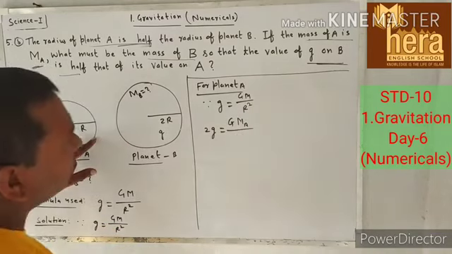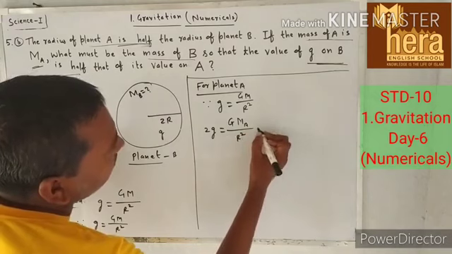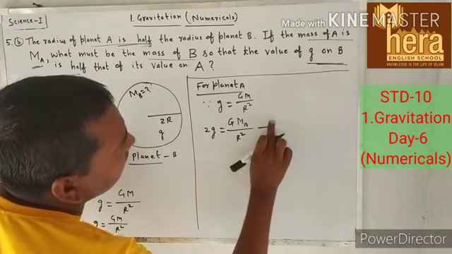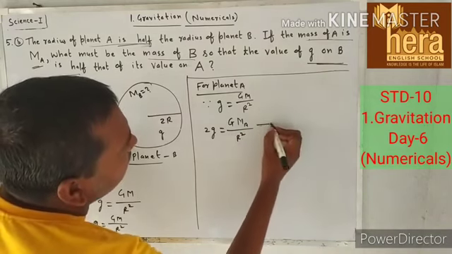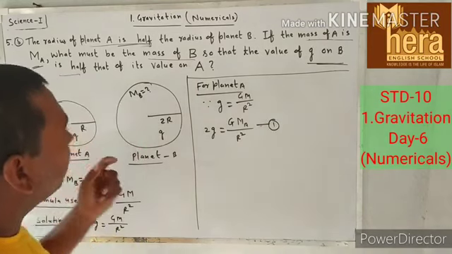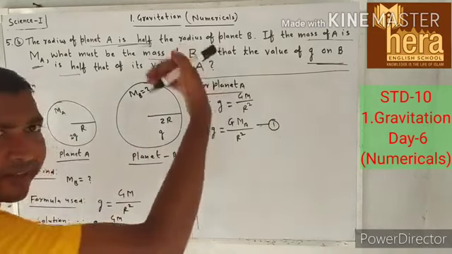Here is R, you can write here R square. Equation number 1.